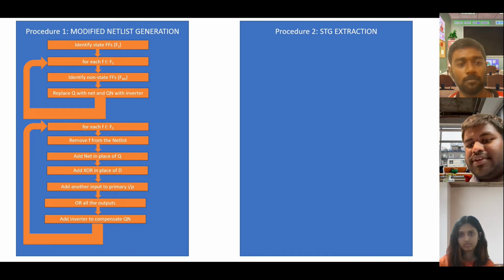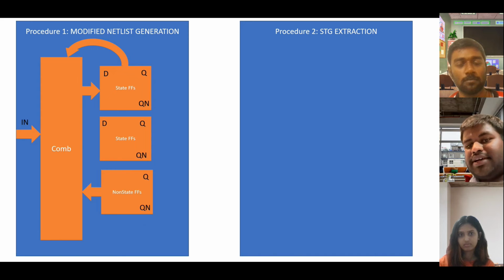Every FSM will have state FFs and non-state FFs, non-state FFs like counters. The first step is to eliminate the non-state flip-flops by replacing them with a net for Q and a NOT gate for the QN.